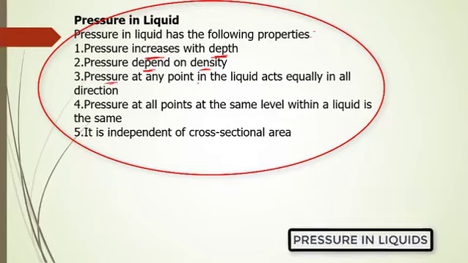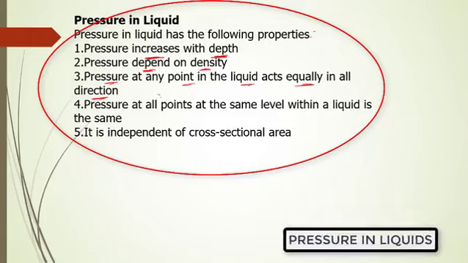Number 3 is that pressure at any point in the liquid acts equally in all directions. You have to understand that liquid is a fluid, so it almost always takes the shape of its container. So at any point in the liquid where there is pressure, it acts equally in all directions.